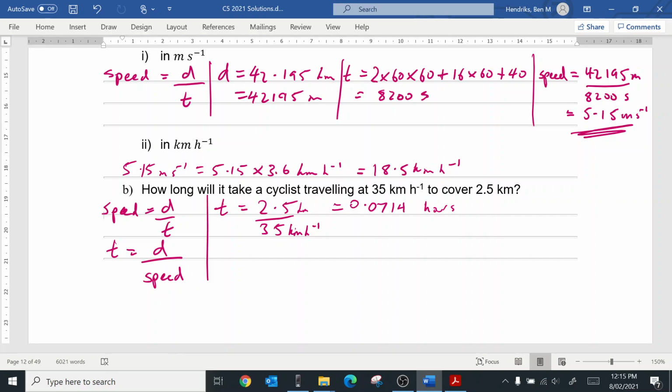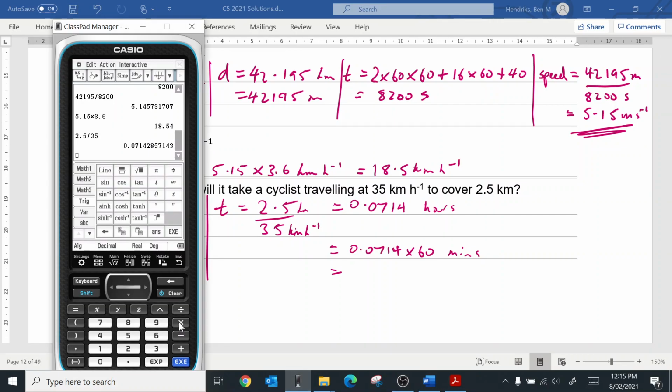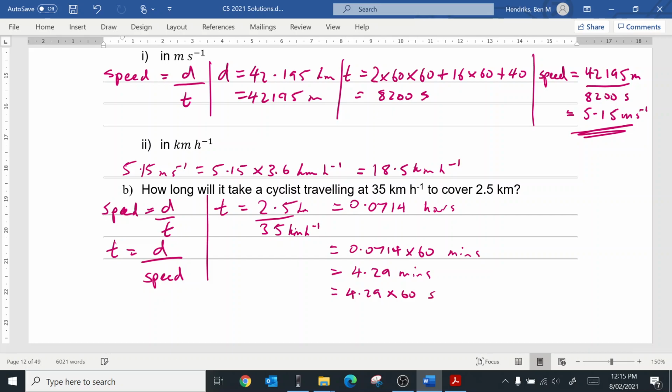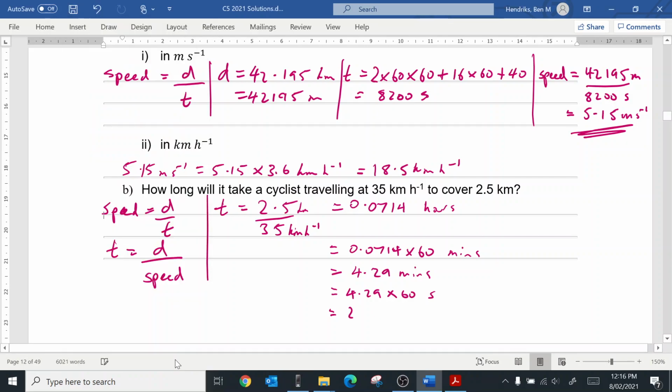That is equal to 0.0714 times 60 minutes, which equals 4.29 minutes, which is equal to 4.29 times 60 seconds, which is equal to 257 seconds.